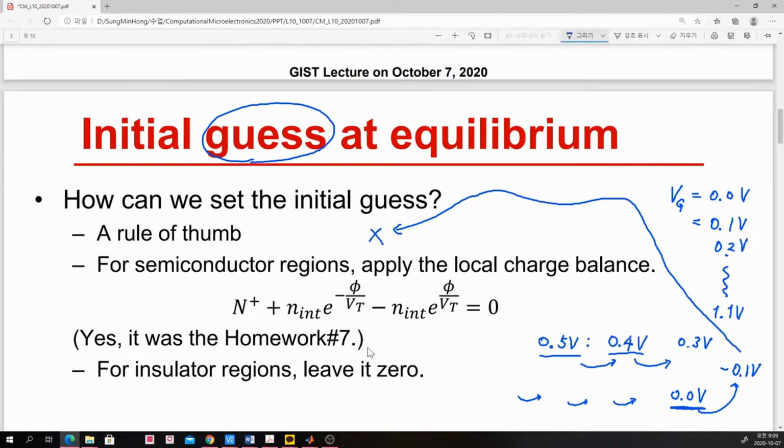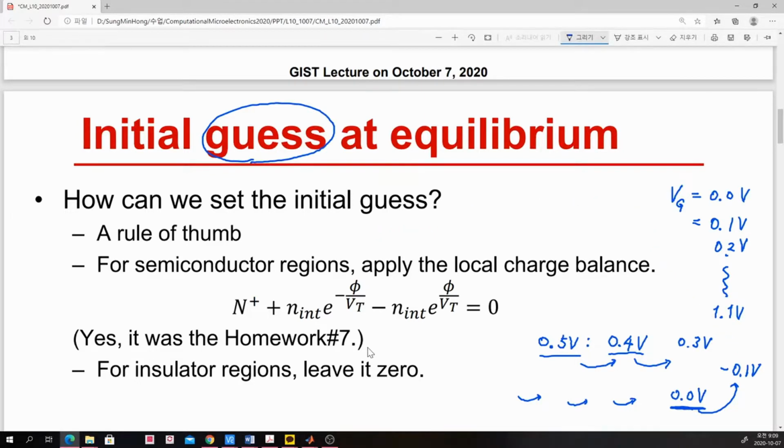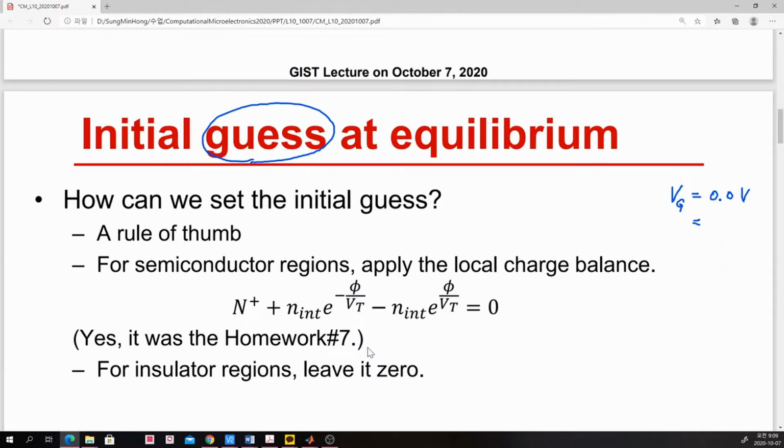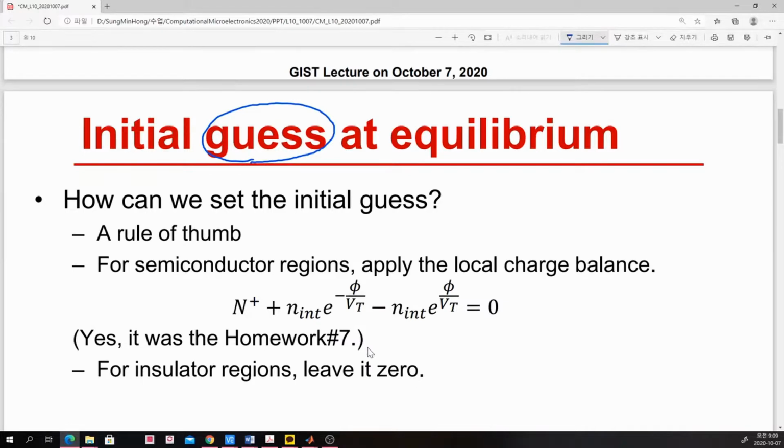So I wanted to ask you about the way of terminating this chain of initial guesses. For other voltages, we can rely on our previous voltage, which seems to make it easier to get the solution. However, at a certain voltage, we should be able to calculate the initial solution. So that is my concern.